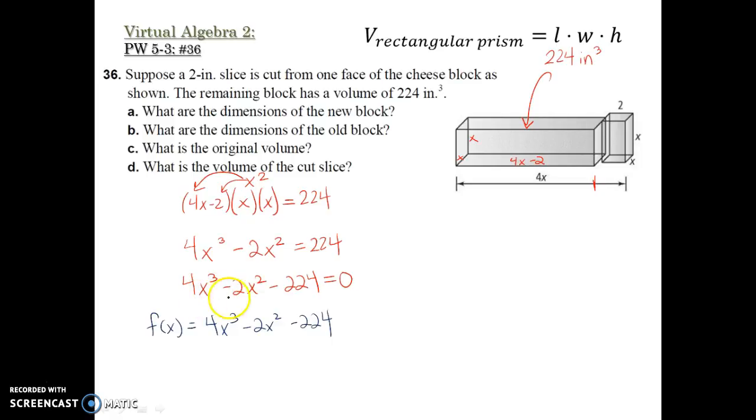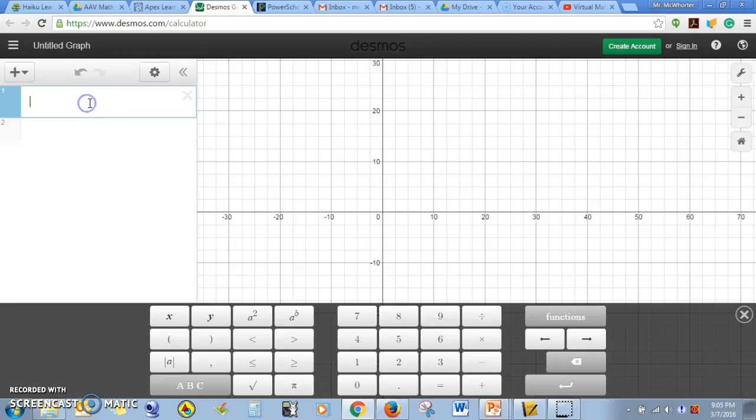So in order to find out what x value makes this 0, we need to find the zeros of this function. Alright, so f of x equals 4x cubed minus 2x squared minus 224.